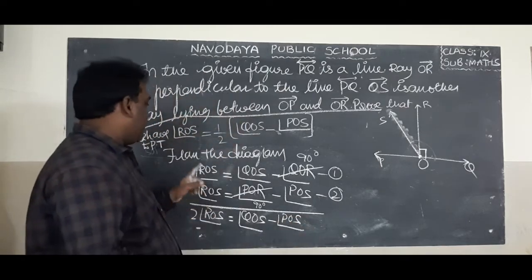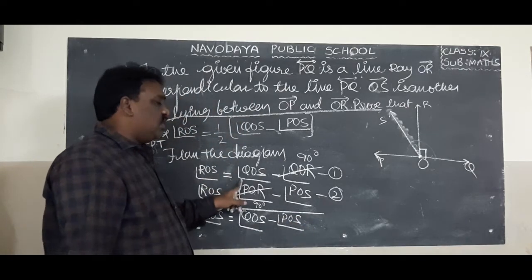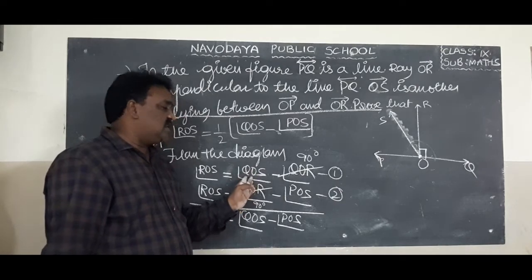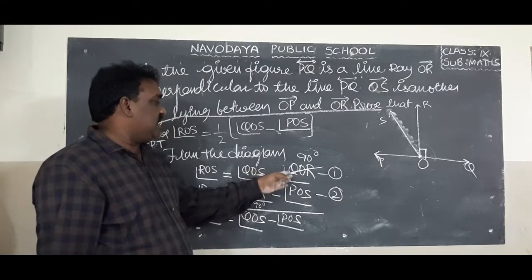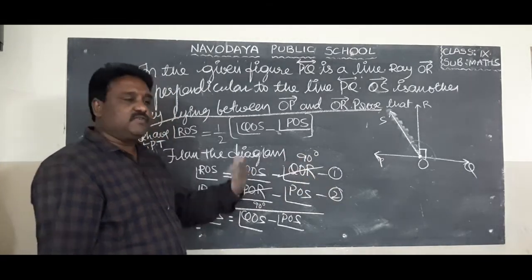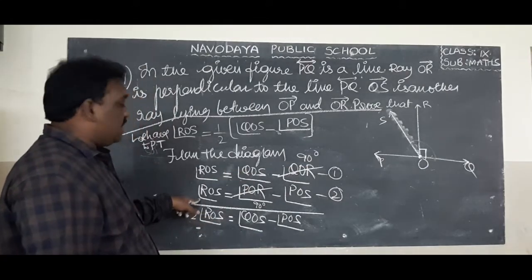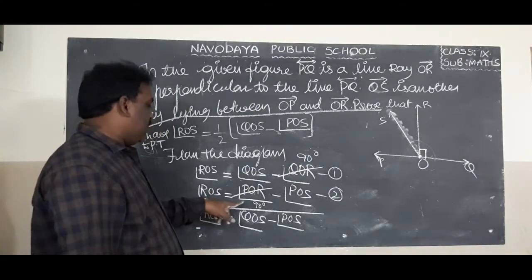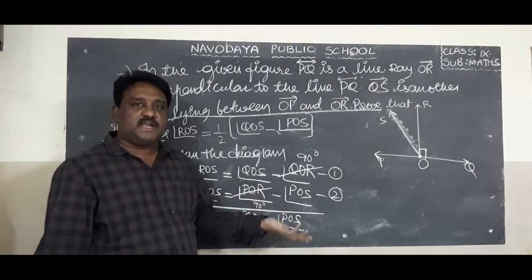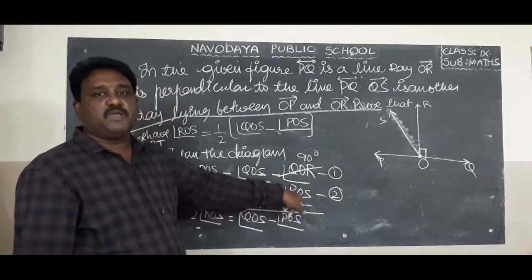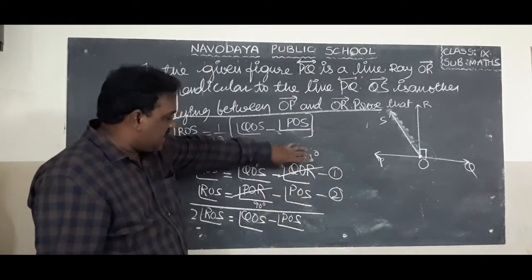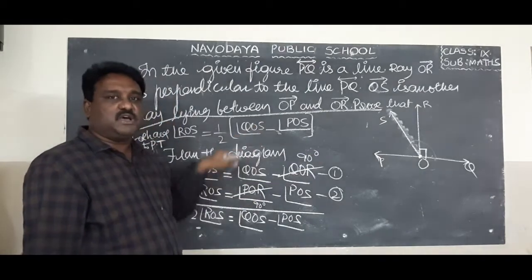First equation, angle ROS equal to angle QOS, it is obtuse angle, minus angle QOR, it is right angle, equation 1. See the second one, angle ROS equal to angle POR, it is 90 degrees, minus angle POS. This is 90 minus, this is 90 plus, both the terms cancel.